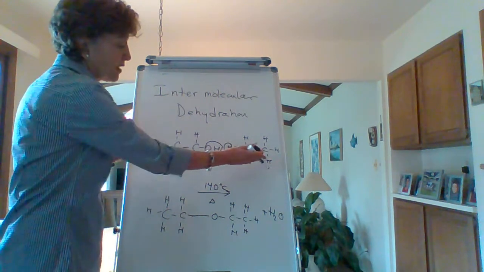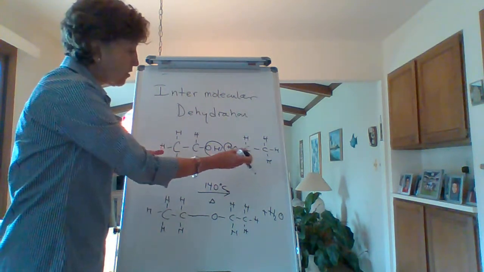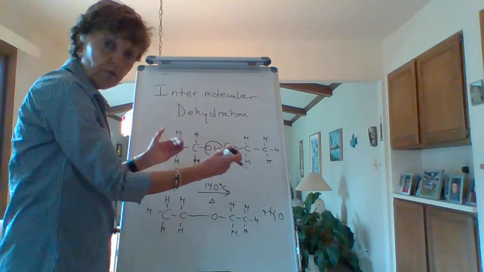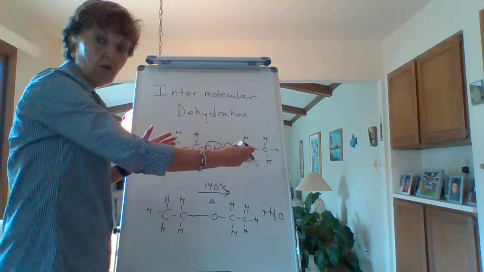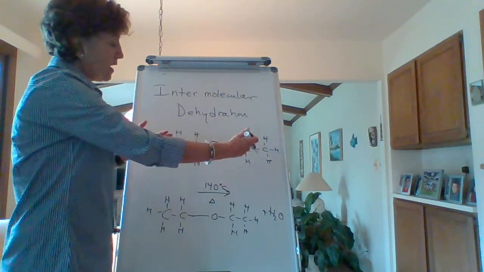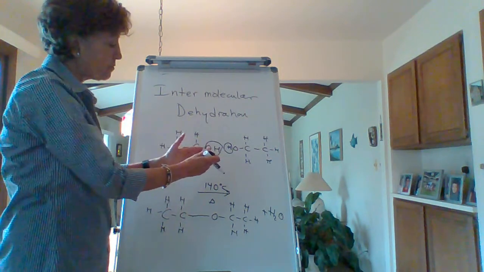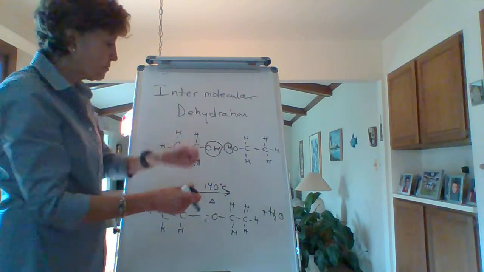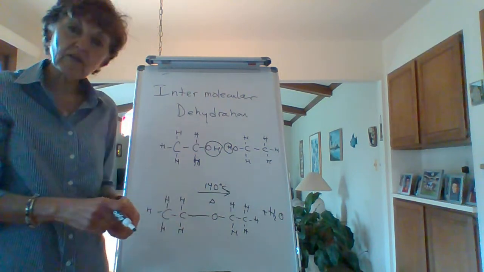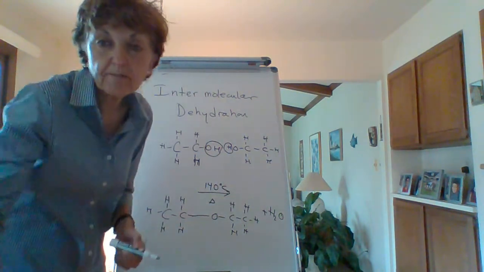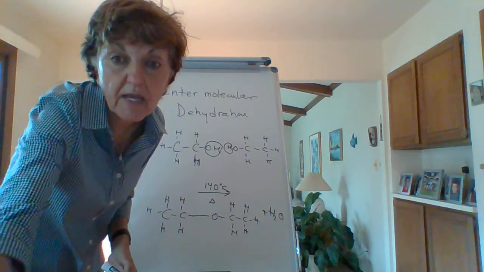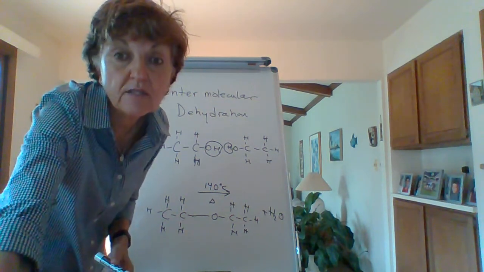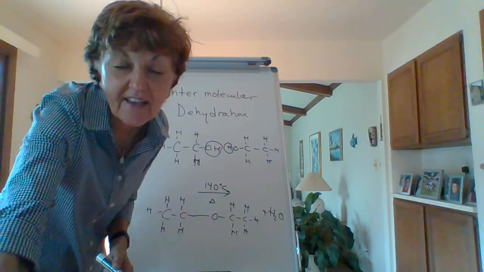You're just imagining two alcohols and they are both primary, so it's the same alcohol, exactly the same, and you're taking an OH from one, an H off of the OH from the other, remove it, and you end up with an ether. Okay, good. We are going to do intramolecular dehydrations of secondary alcohols in the next video.